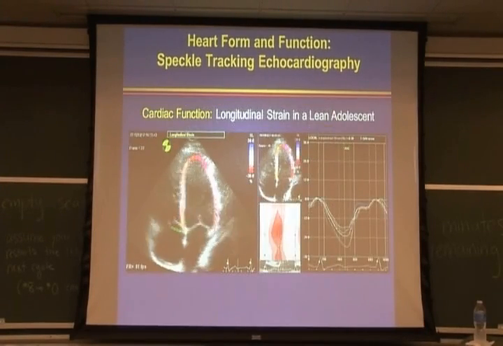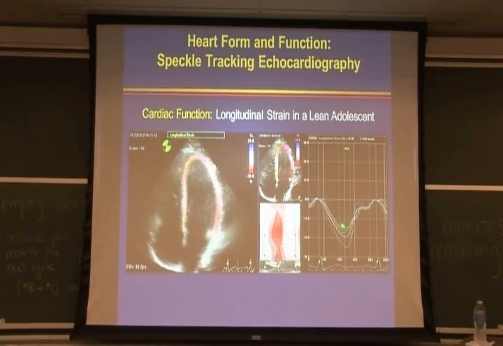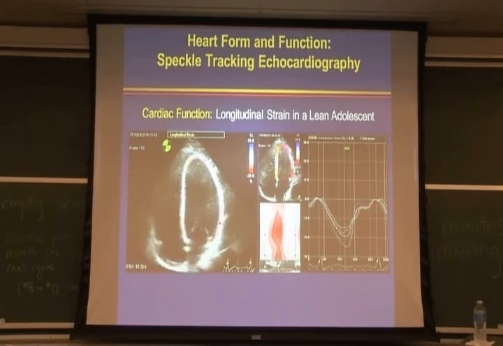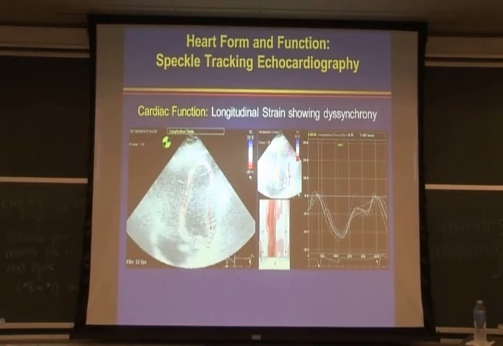So this was a normal heart where you can see all the segments are moving in a synchronous fashion. They are having their peak deformation more or less at the same time, even though they are different segments. But if you look at this heart, this is the heart of an overweight child, which is showing dyssynchrony of the different segments.